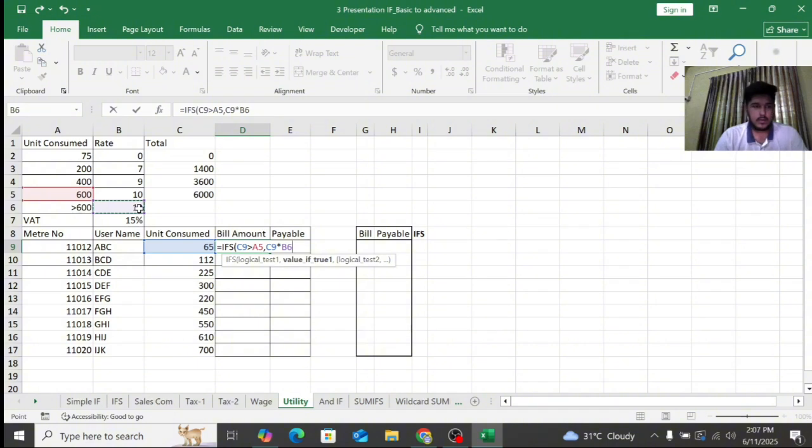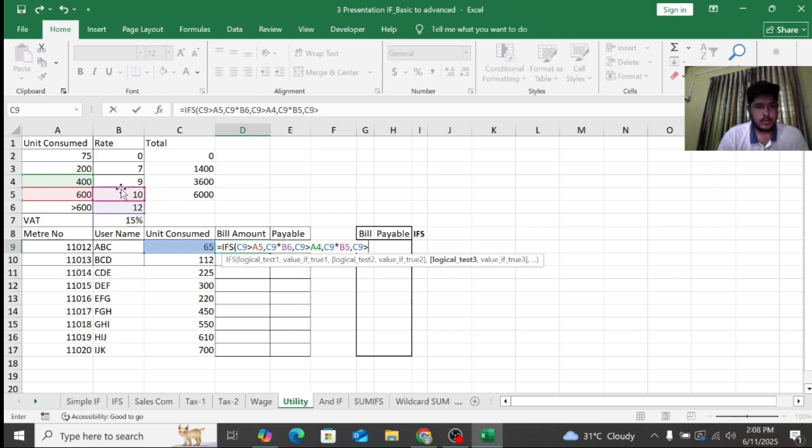Then if our utility unit consumed is greater than 400, then the unit consumed will be multiplied by 10 taka.